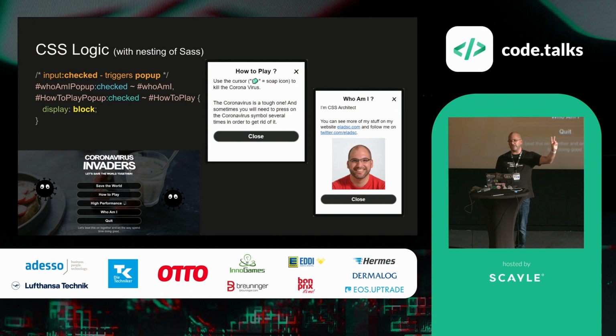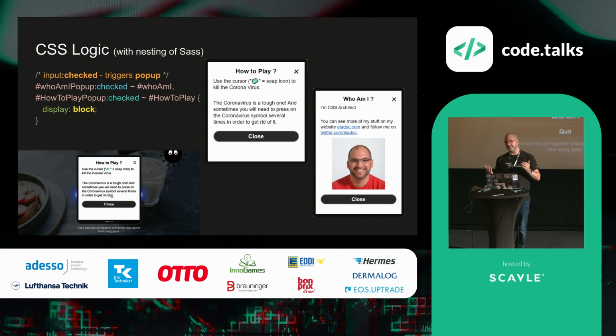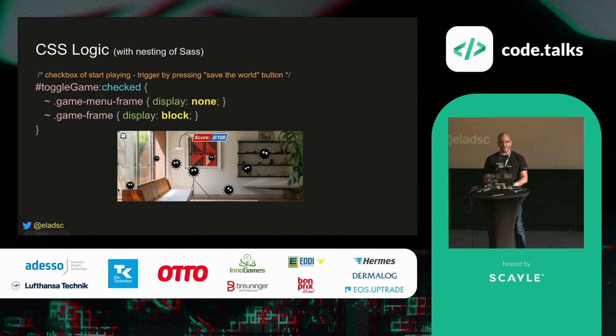And again, it's really the same idea when you think about it. When the checkbox that has the ID name of Toggle Game is checked, first I'm going to one sibling element with a class of game menu frame and giving it display none. This is closing the game menu frame. And then I'm going to another sibling element with a class of game frame, and I'm giving it display block, and this is opening the game.